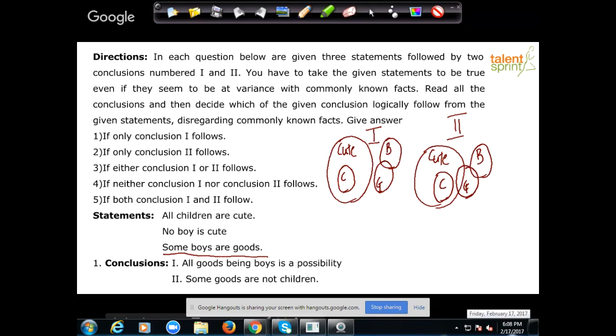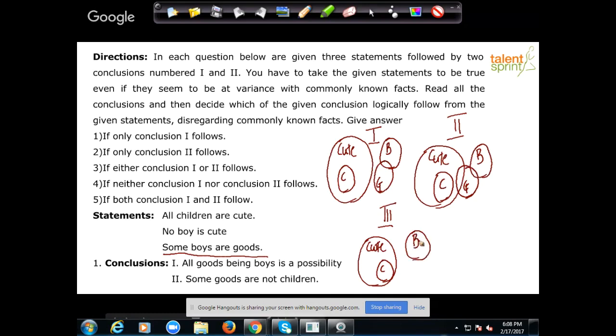Now, if you read the statements once again, we also know that there arises a solid, strong possibility where goods may also collide with children, which means that we also have to chalk out a third possibility. So the third possibility, once again, cute being the bigger set, children being the subset in cute, no boys being cute.